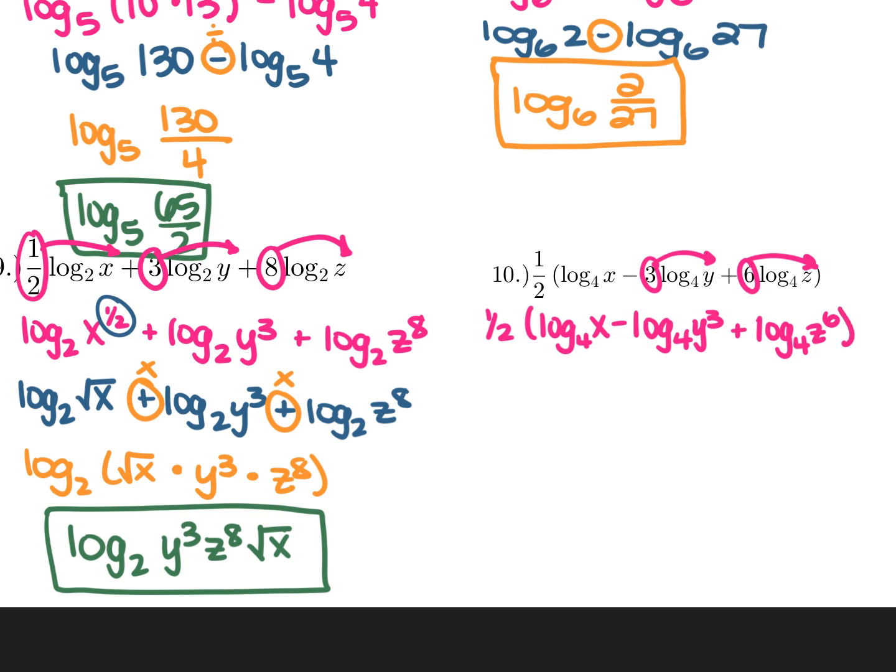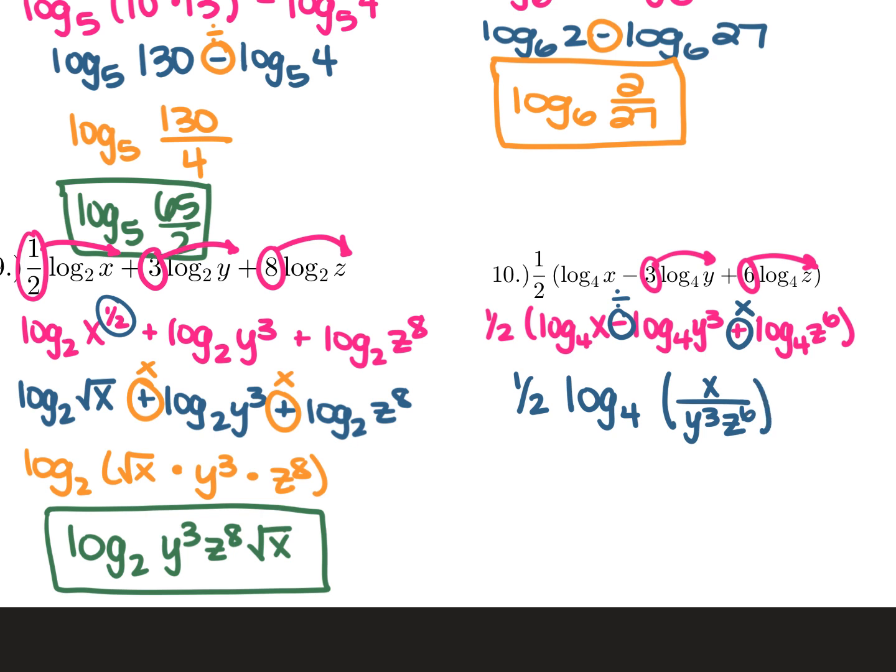From here, simplify your subtraction and your addition. Subtraction means divide, addition means multiply. So this is going to give you 1/2 times log 4 of x over y cubed z to the 6th power.